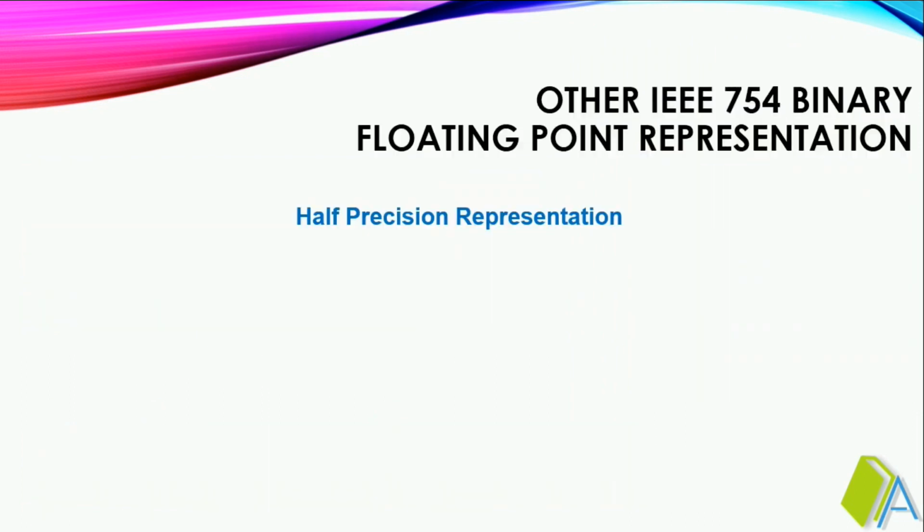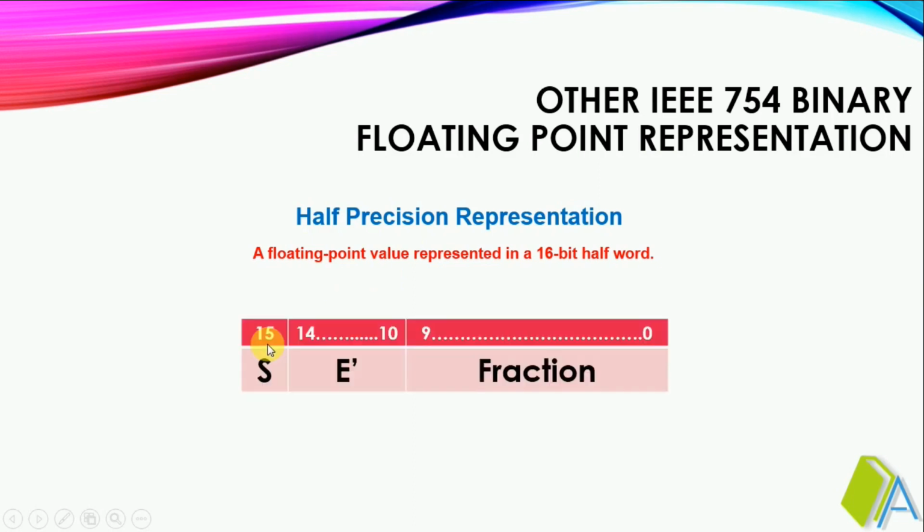Half precision representation. Half precision is used to represent 16-bit floating point values. Half means half word. A half word is 16 bits, right? That's why the name half precision. The format for representing floating point in half precision is this.